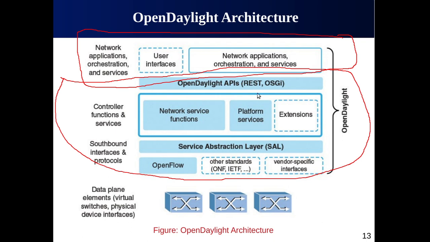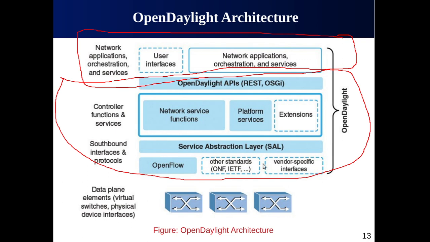Another aspect of this architecture is that it is not tied to OpenFlow. You can see it also has support for other APIs. So it is not only tied to OpenFlow or any other specific southbound interface, which means it provides greater flexibility in constructing SDN network configuration.